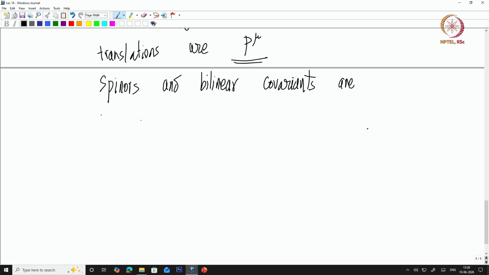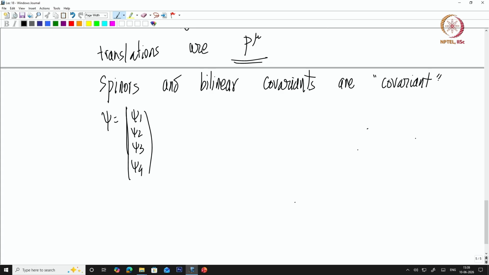Covariant means they transform in a covariant fashion.